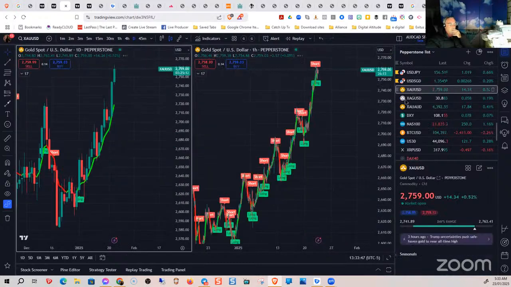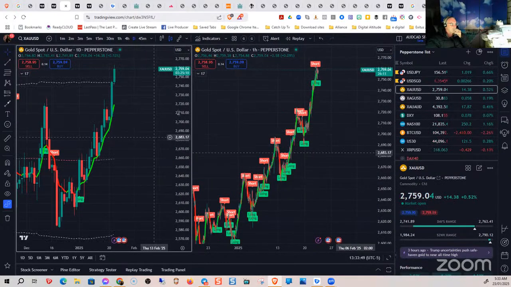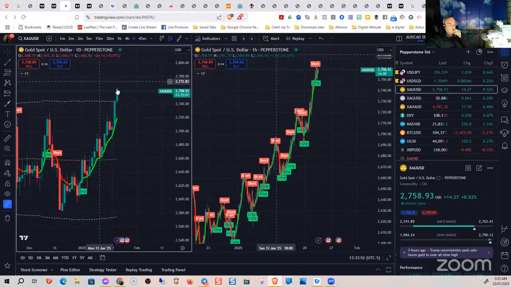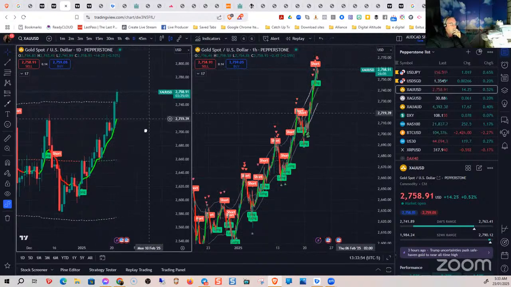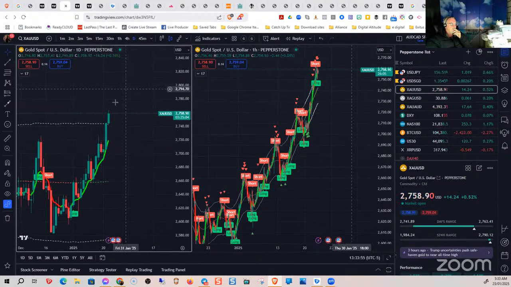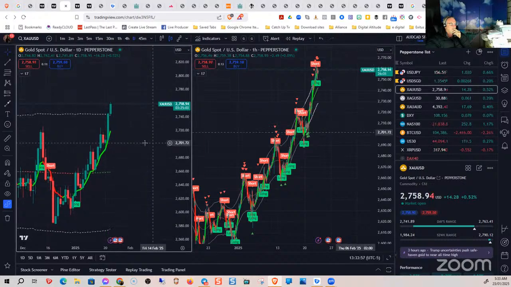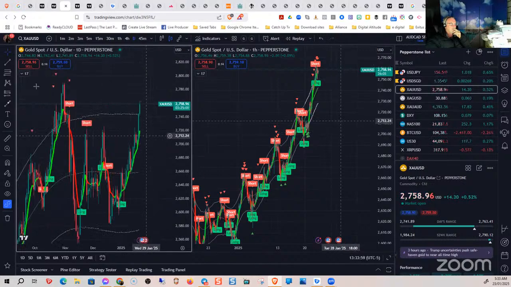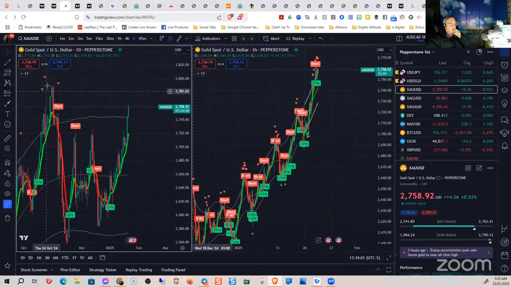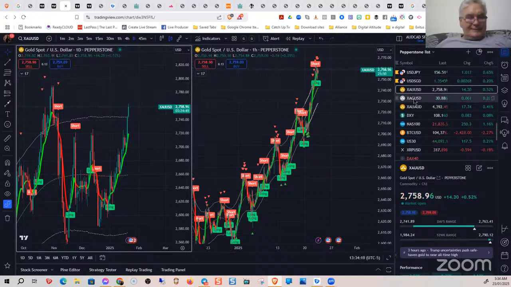Gold has rocketed up, made a nice high, but I think we're going to get a red triangle and a little bit of a pushback down. I don't know whether it'll break this high up here. It broken the short, so there is a potential. Everybody getting into gold.